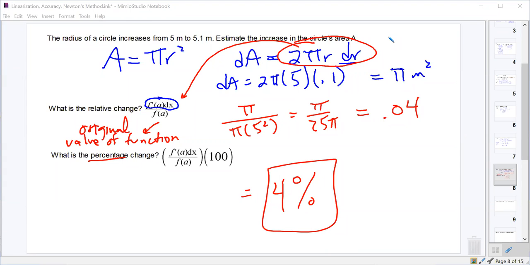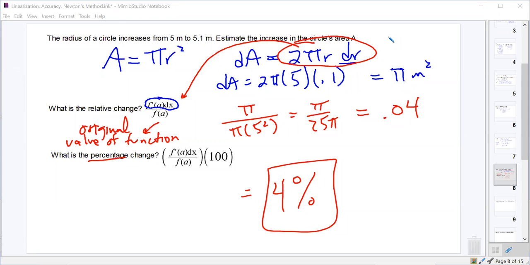Nick, the numerator is the change, so the f prime of a is the derivative evaluated at that original value. So at the center of our approximation, right?